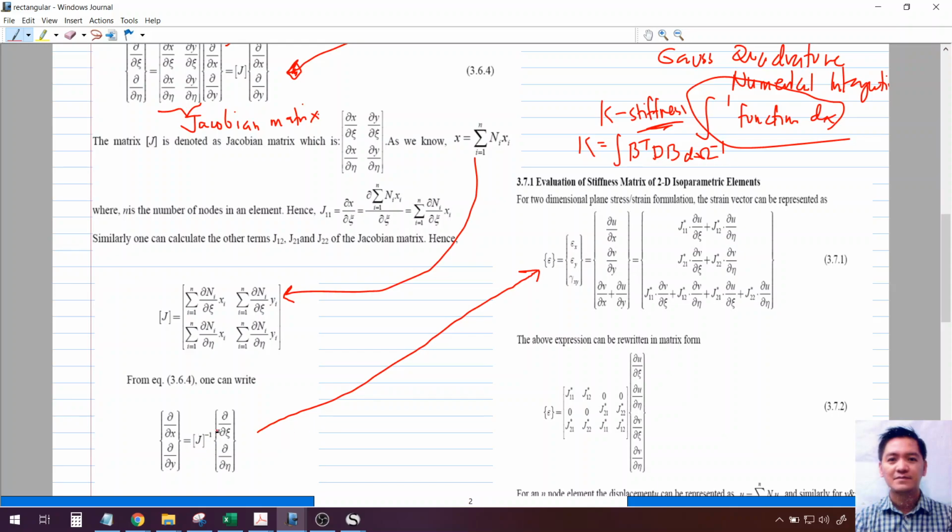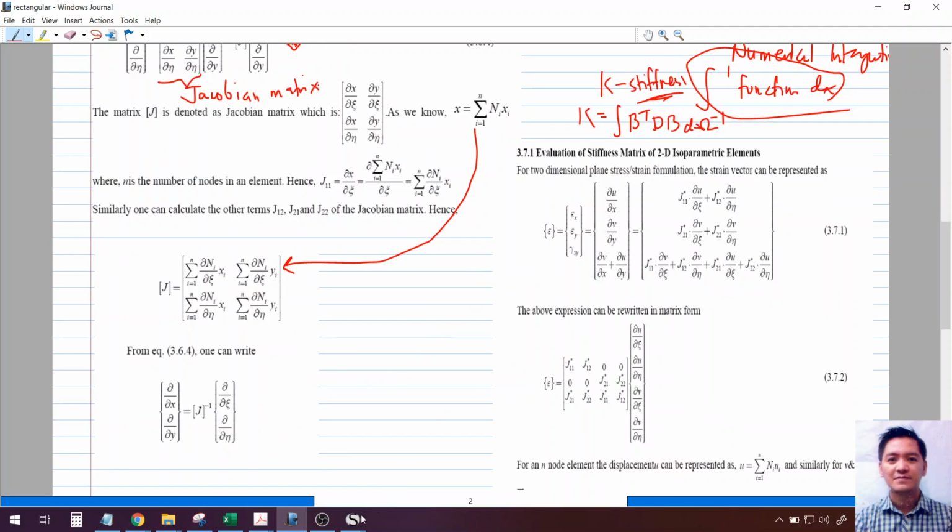Therefore, yung J inverse natin is actually a composition of J11, J12, J21, J22. Yan, yung mga yan. Yan yung J inverse natin. Okay. And then this, oops, nawala. Okay. So, in expanded form nito, ito siya.